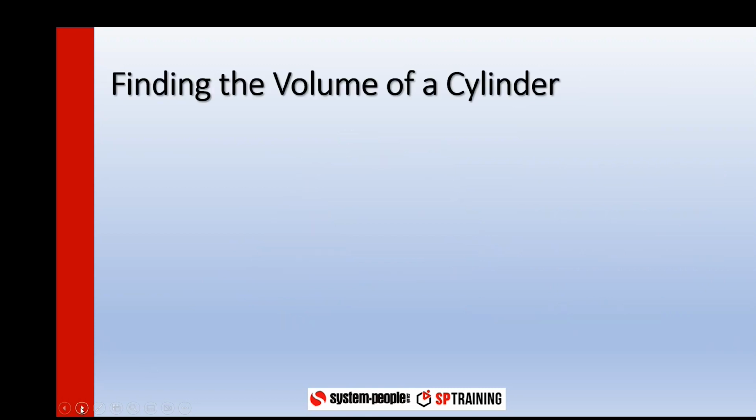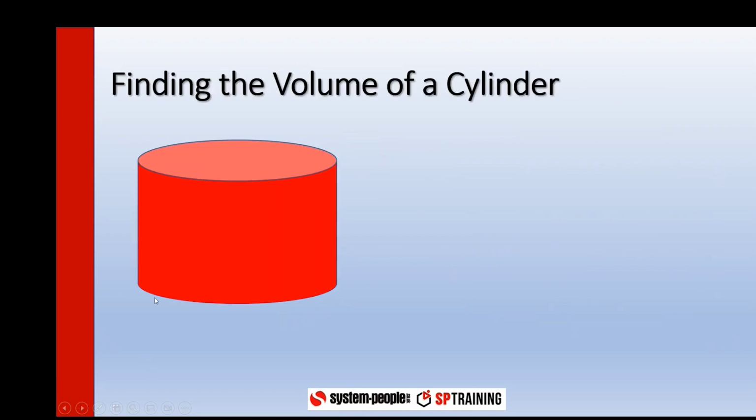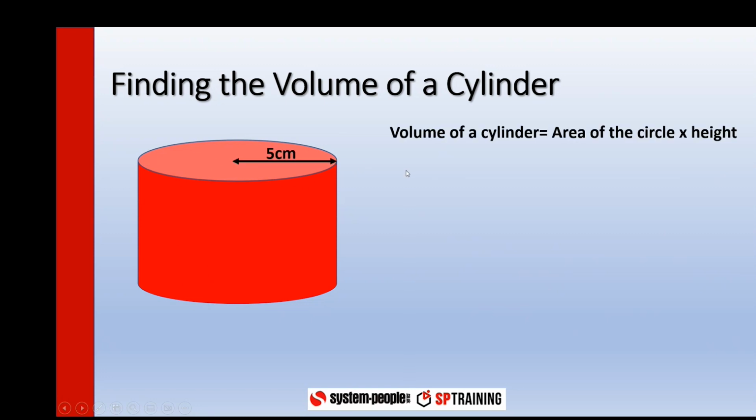You do something similar for a cylinder, because a cylinder is like a prism, but the end is a circle. So what we do for this is we find the area of the circle. We need the radius for that, which we've got here, 5 centimeters.